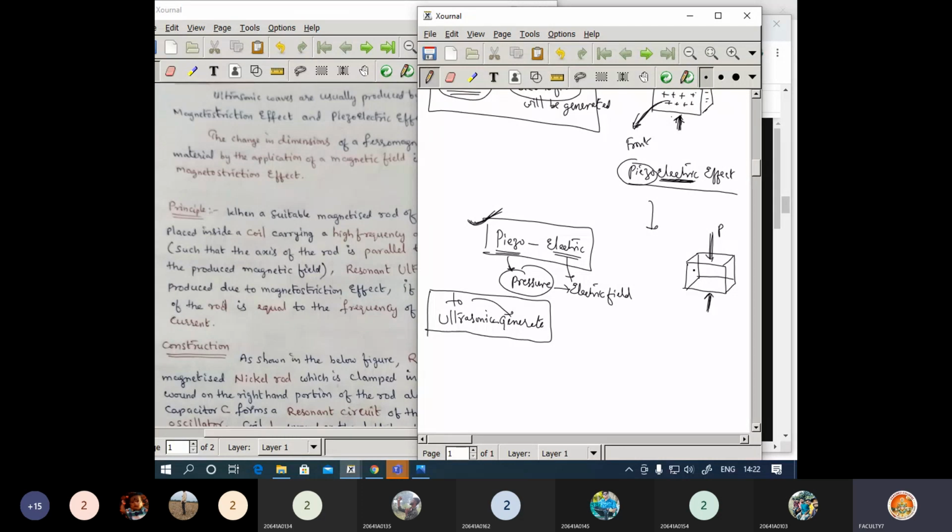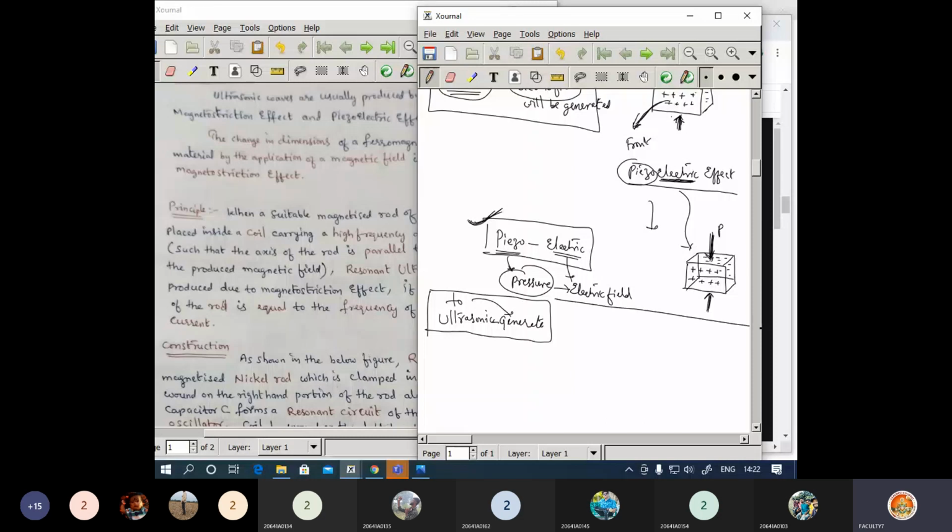Due to that, certain charges develop on the front and back faces, perpendicular to the pressure. This is the piezoelectric effect.